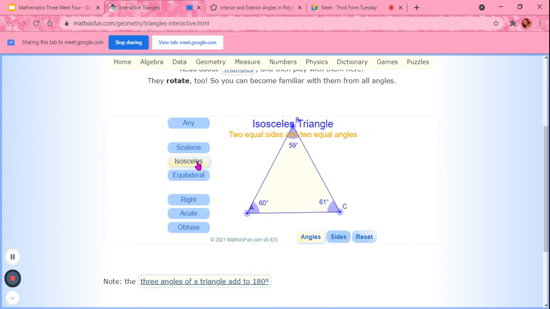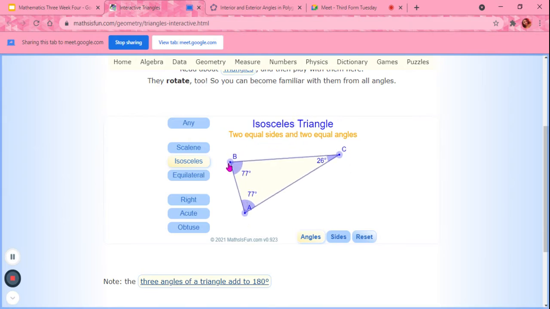The isosceles triangle would have two sides that are the same. All right, two sides have to be identical. So this side and this side are identical, and because two sides are the same, you would have two angles being the same as well, right? And however your isosceles would look, two angles will always be the same and two sides will always be the same.